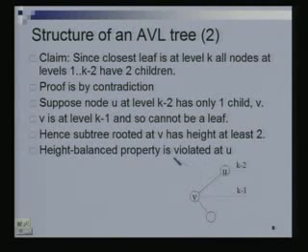So the subtree rooted at v has height at least 2, because it has to have a child and cannot be a leaf, while the right subtree here has height 0 because there is nothing there. So you have a height imbalance at this node u. The height balance property is violated at node u.